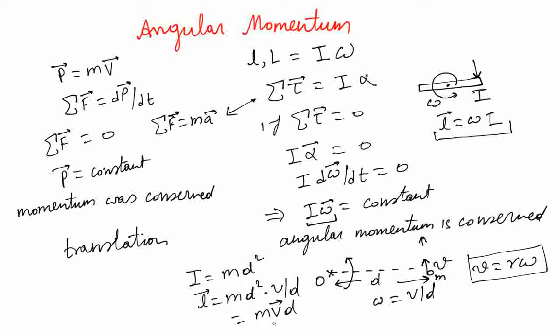So this is the angular momentum for a particle moving with velocity v perpendicular to the line connecting the axis and the particle. This is an important formula. It's just a special case of I omega, and we'll solve one problem in the next lecture.